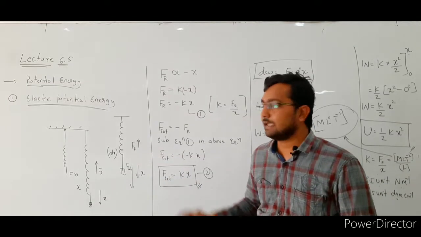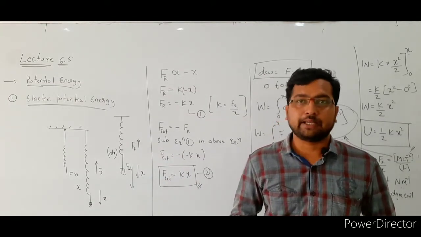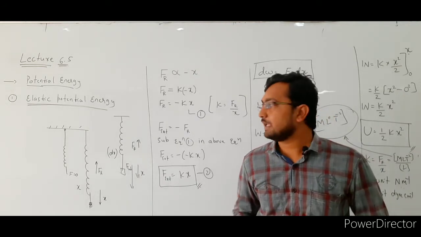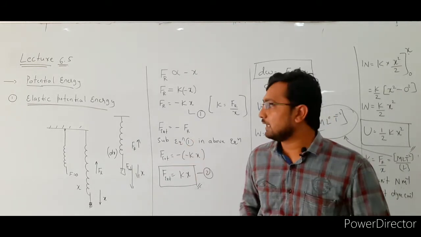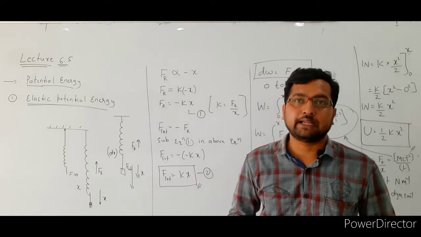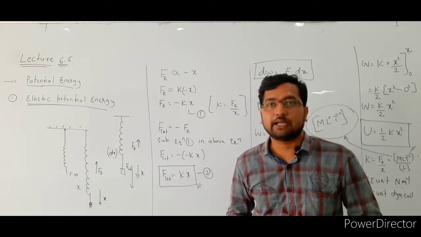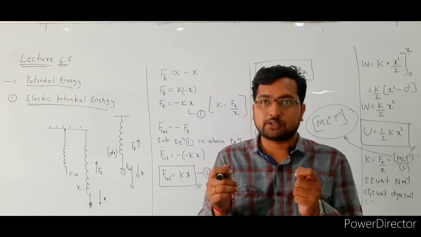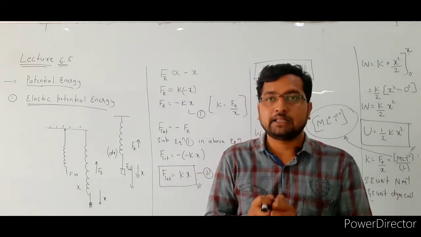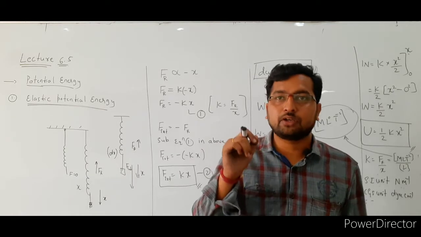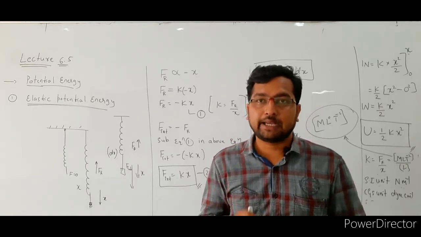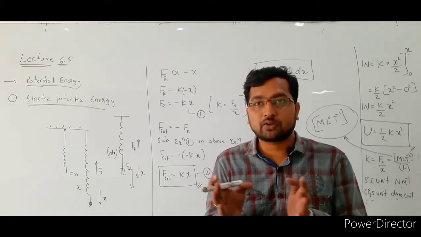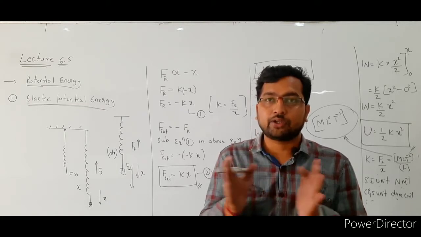See here, in this case we have considered a spring, right? One end of the spring is connected to a rigid support and the other end is free. Already we know that when the spring is elongated or compressed through a small distance x, the restoring force developed inside the spring is trying to reoccupy its original configuration.